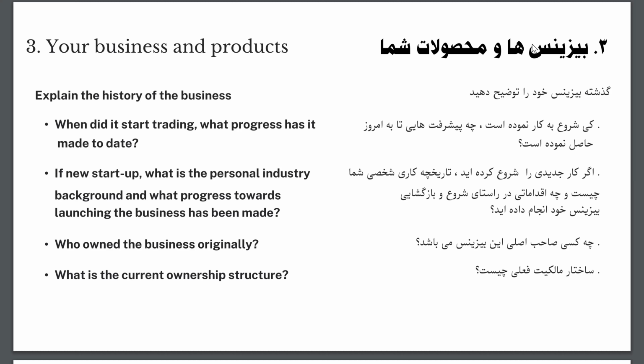If you're not the original owner, because like I said, most owners or founders of a business don't normally stay. It's just the personality type. They're good at starting things and not as good at maintaining things. And it's not bad. It's just types of people. But who owned the business originally, and then what is the current ownership structure?